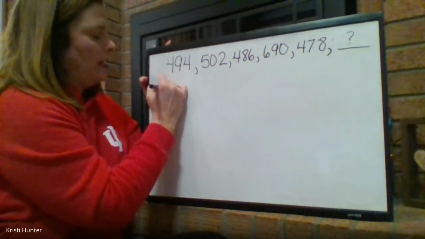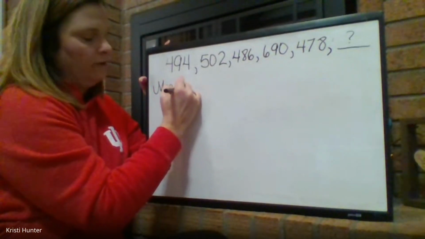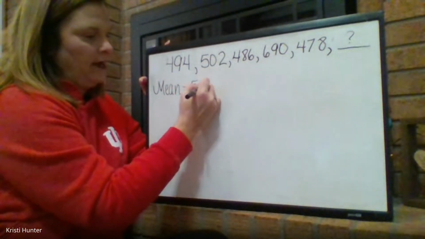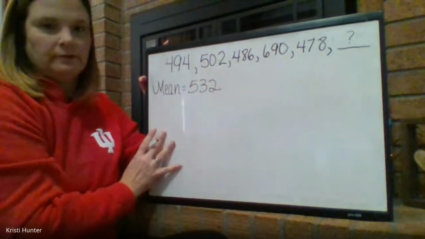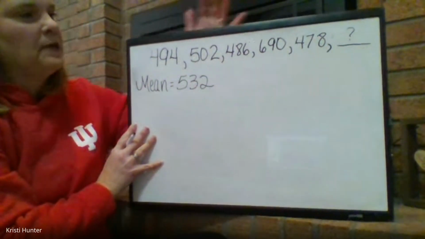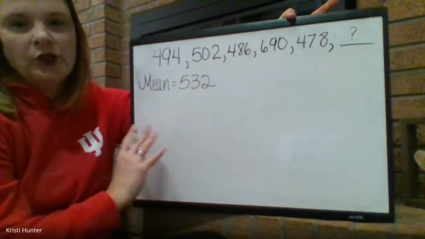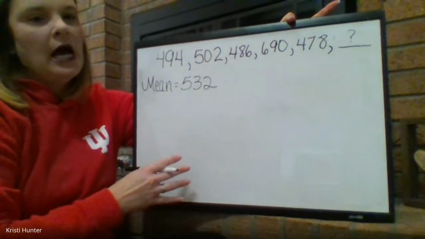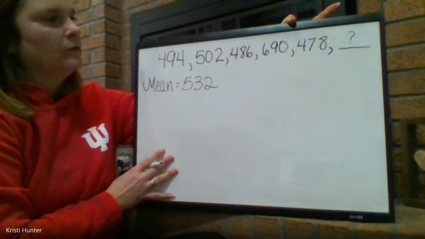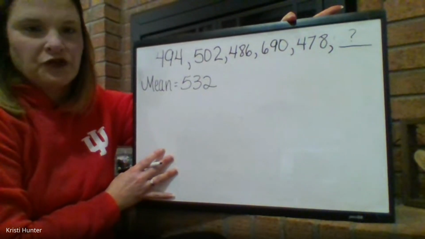Okay, and here's what I know. The mean of all these numbers is going to be 532. So this would be a question like maybe they're looking at sizes of elementary schools.